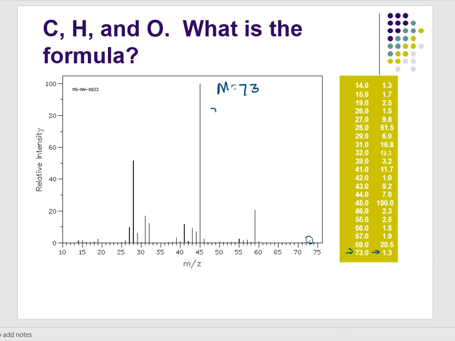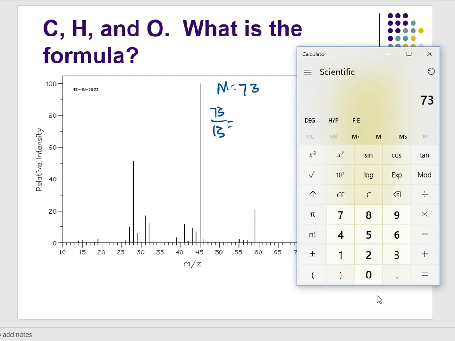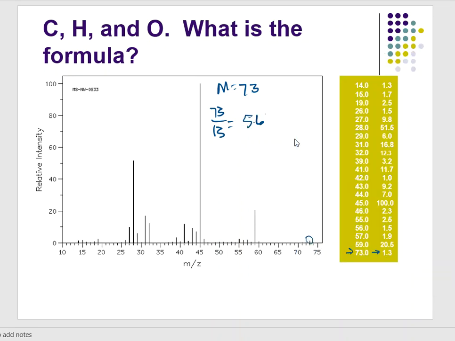So rule of 13 says take 73 and divide it by 13. All right, so let's bring up the calculator. I'm going to do 73 divided by 13, and I get 5.6153. So, chop it off. That tells me 5 carbons are in existence. So C5.